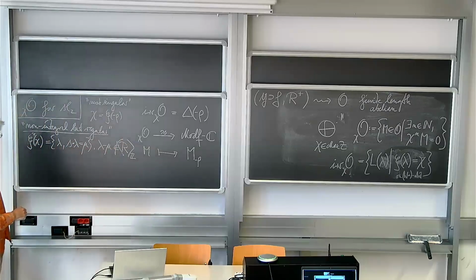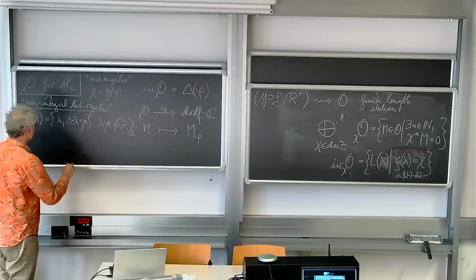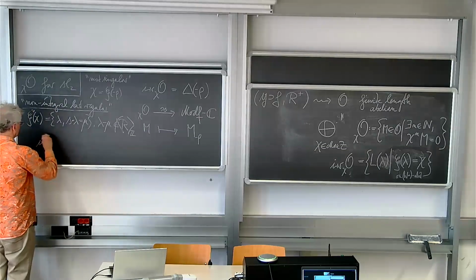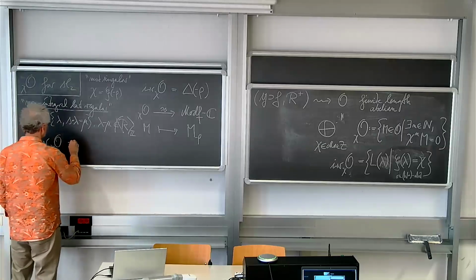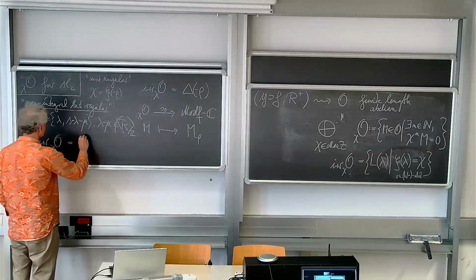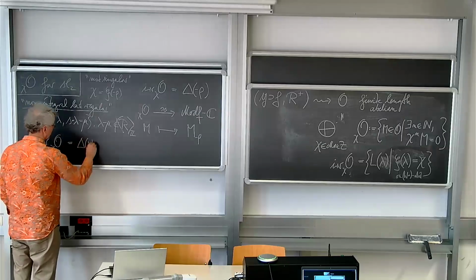So in this case there are still only two irreducible objects of O_chi: the Verma module and the other Verma module.